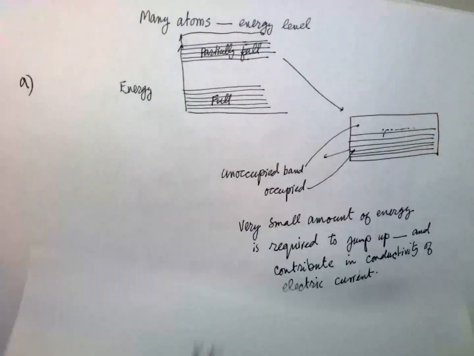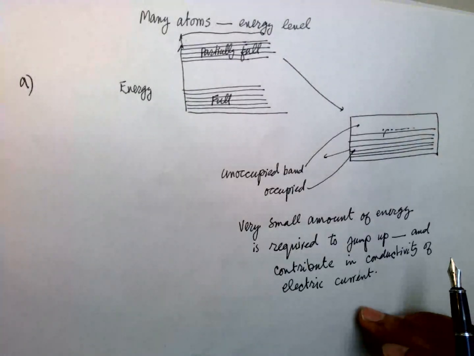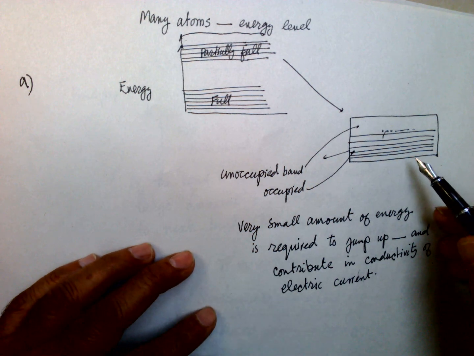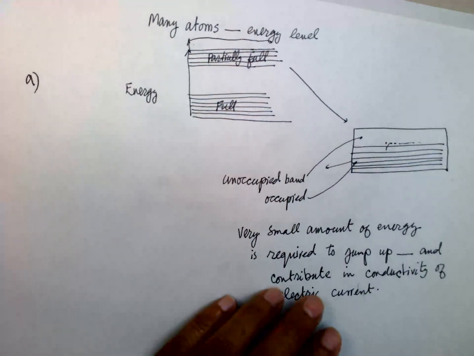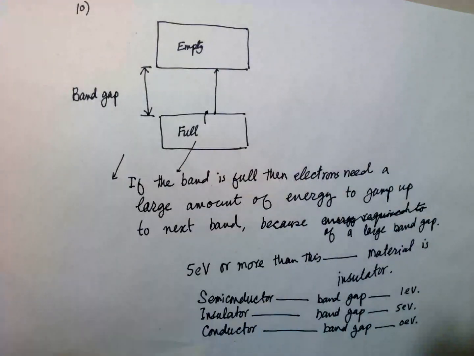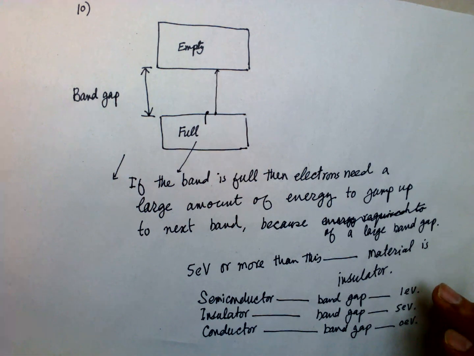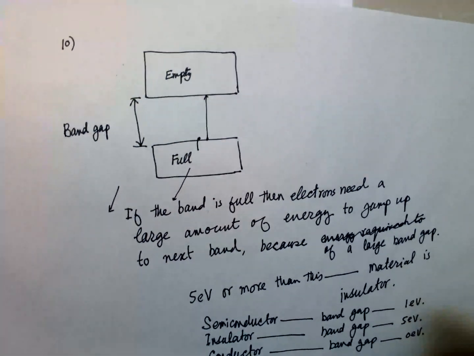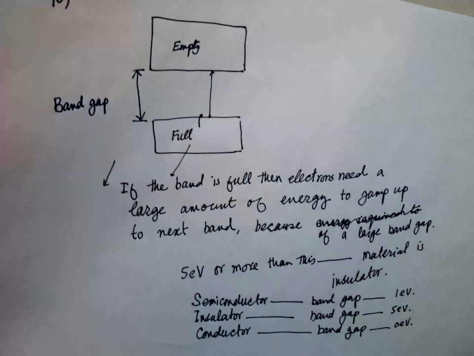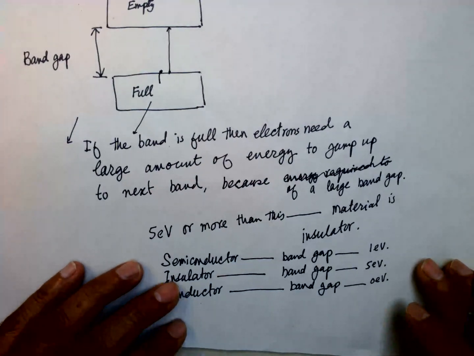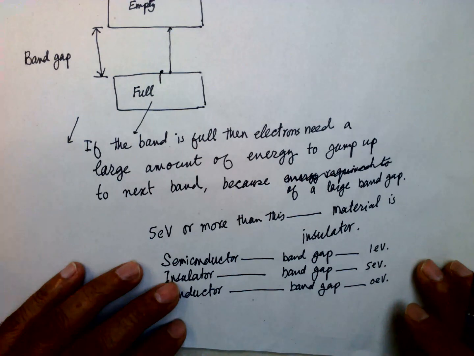If there are many atoms, they contribute, and instead of levels they have a band. This energy band gap is particularly important for the property of conductivity of solids. That's it, and we will explain later how a semiconductor works.